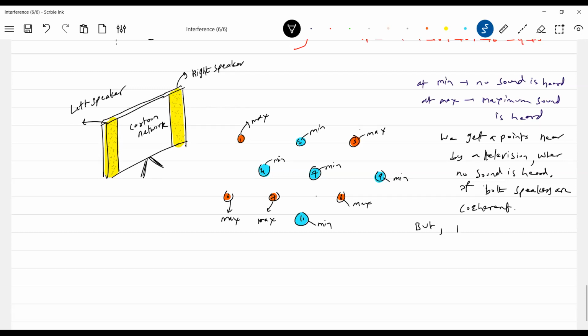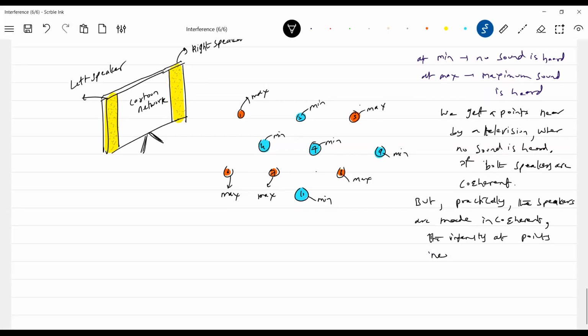But practically the speakers are made incoherent. Because of that, what will happen? The intensity at points nearby the television is the intensity due to the left speaker plus the intensity due to the right speaker at that given point.